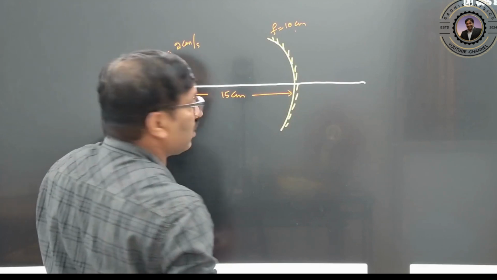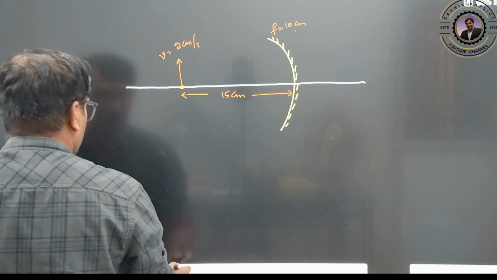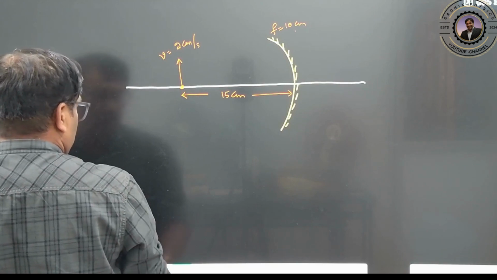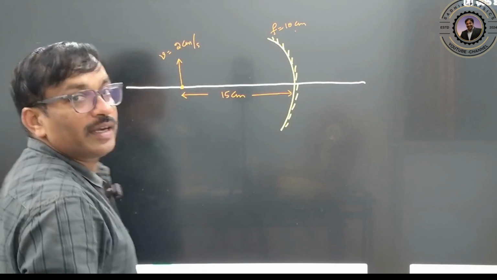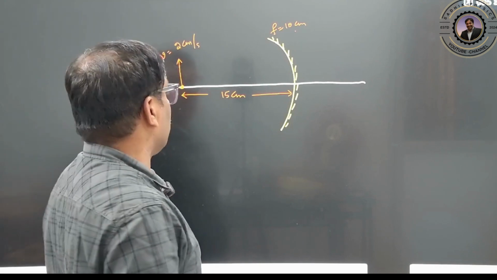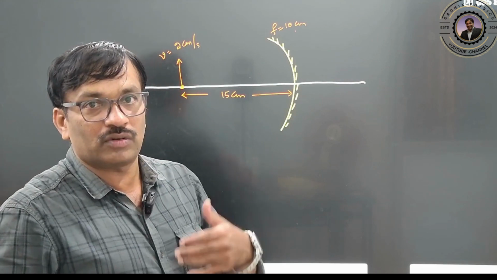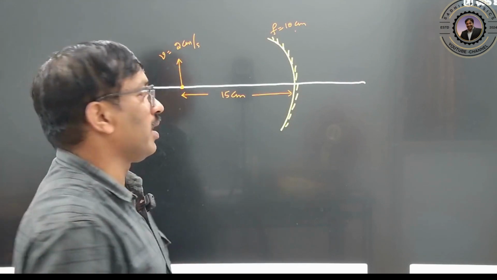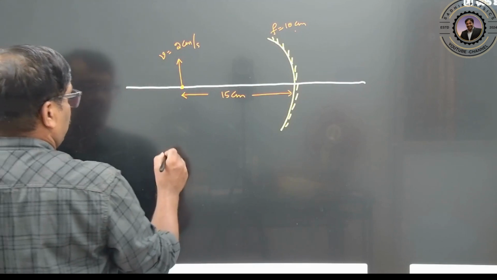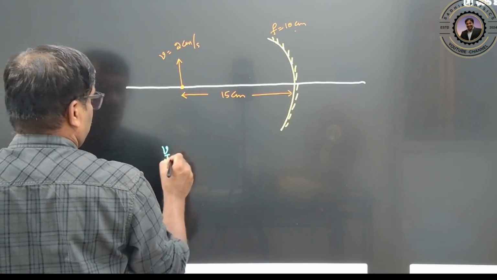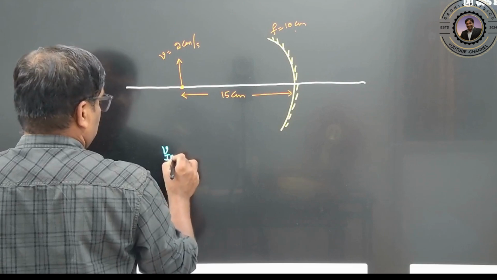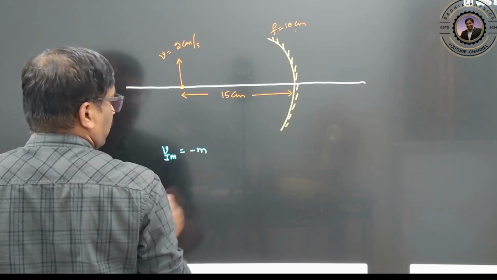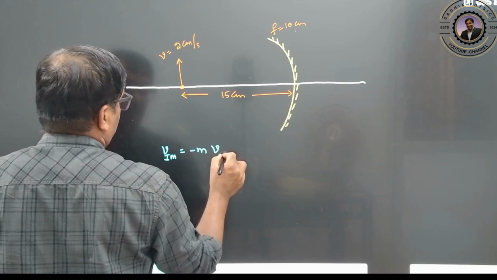So what will happen now? The object distance is not changing. Only the vertical position is changing. Therefore there is no magnification square here. You know that the velocity of the image with respect to the mirror is equal to minus magnification times the velocity of the object with respect to the mirror.